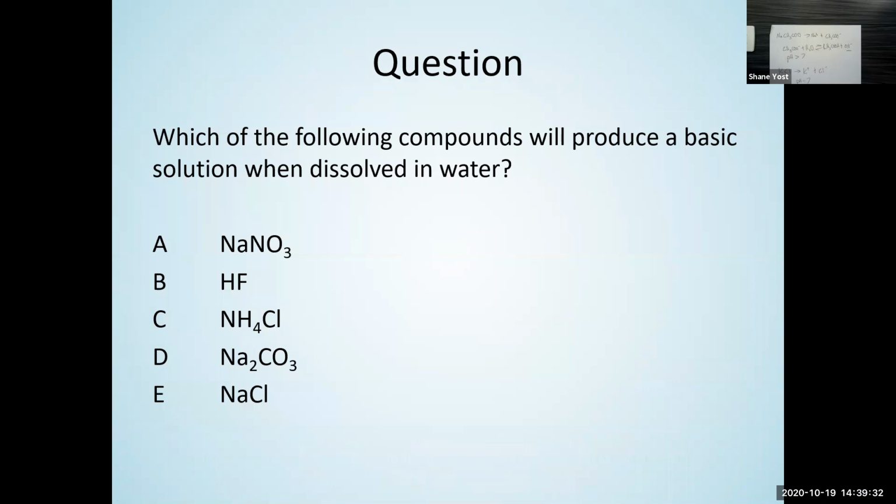All right, some more questions related to this. Which of the following compounds will produce a basic solution when dissolved in water? Sodium nitrate, hydrofluoric acid, NH4Cl, Na2CO3, or NaCl.